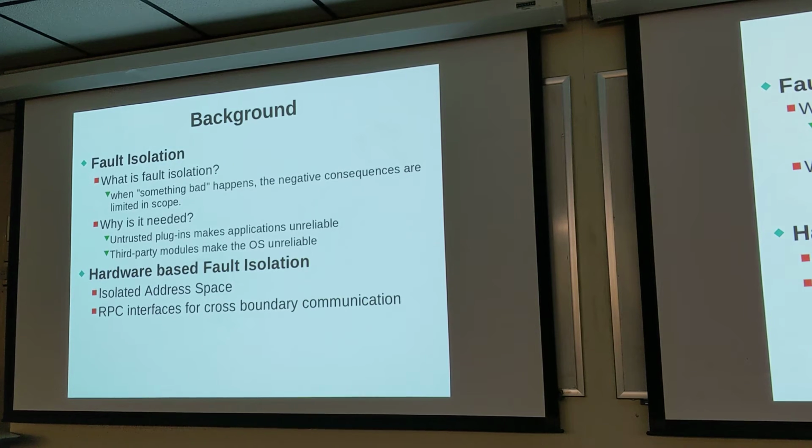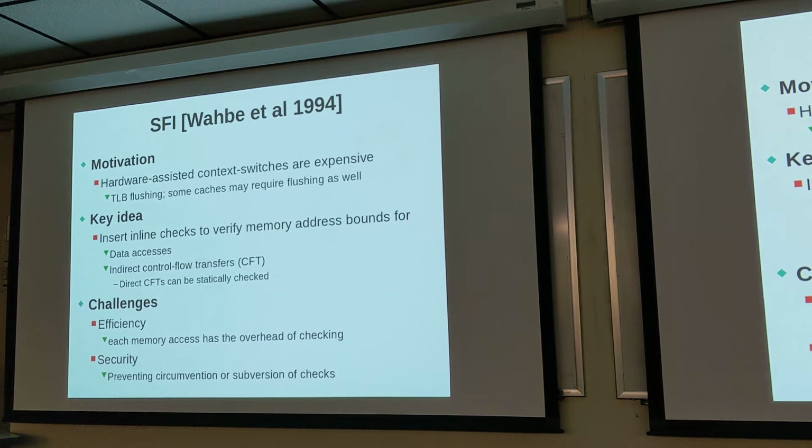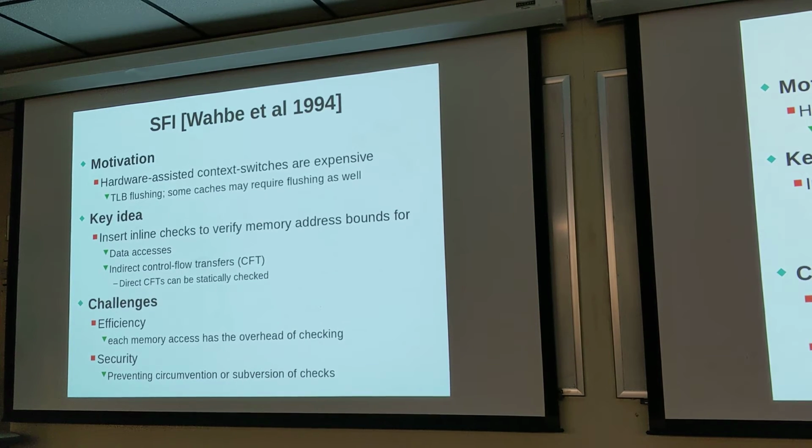The reason why software fault isolation came up was that people thought this kind of hardware-based thing is expensive. Again, the context switch is the problem. So what if I can avoid this hardware-based approach and build isolation right within the software, where you have two modules running within the same address space, but one module doesn't trust the other, and the way it accesses another module, those accesses are checked.